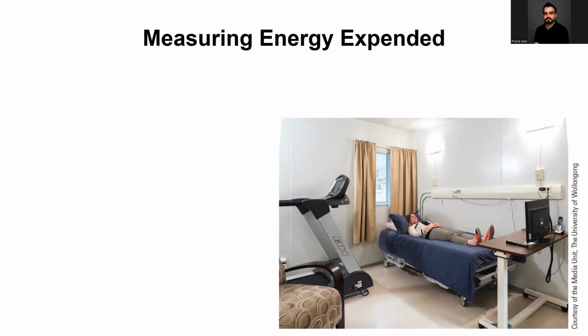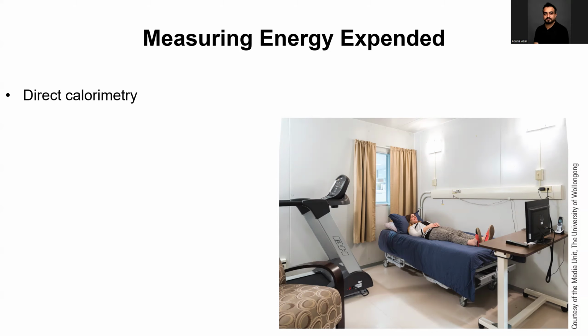So far we learned how to measure the energy or caloric content in food. We can also measure the energy expenditure, or the amount of energy expended in human bodies. There are a variety of ways to measure it, and when we say energy expended, we mean the energy out part of the energy balance equation.